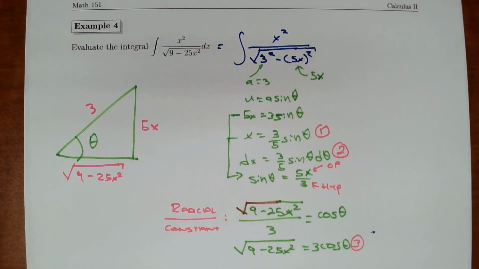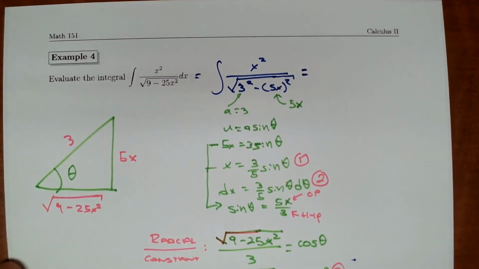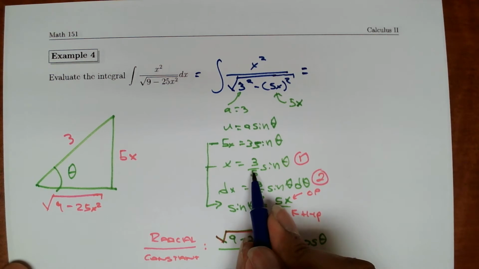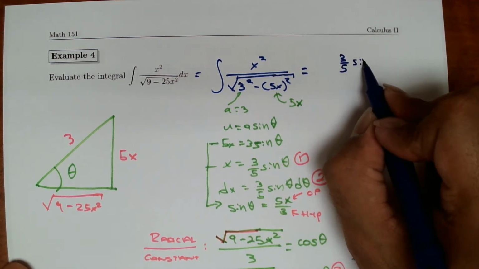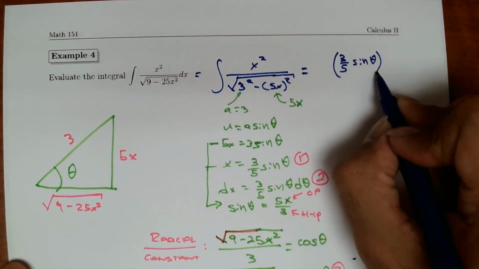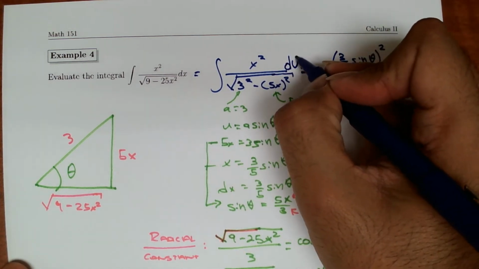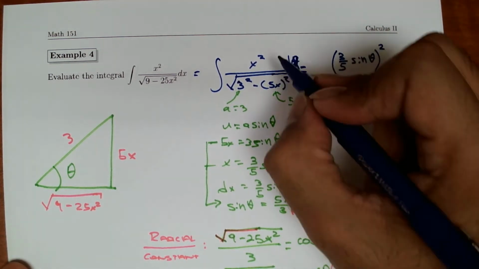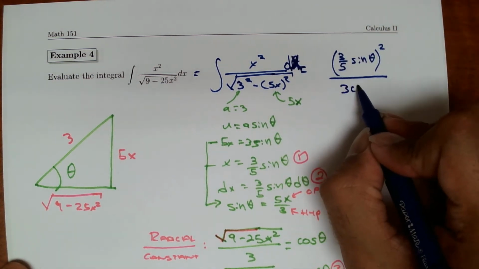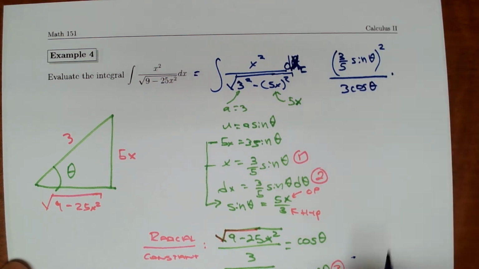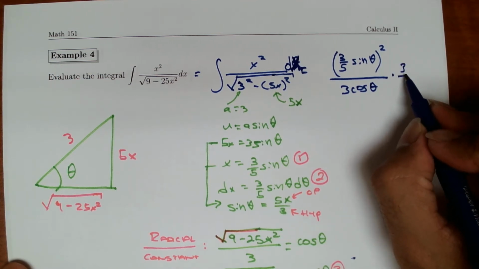So let's go up here to the integral. For the integral, what's x? Quantity squared. So in this case x, which is 3/5 sine theta, quantity squared, over the radical, which is 3 cosine theta, times dx, which is 3/5.